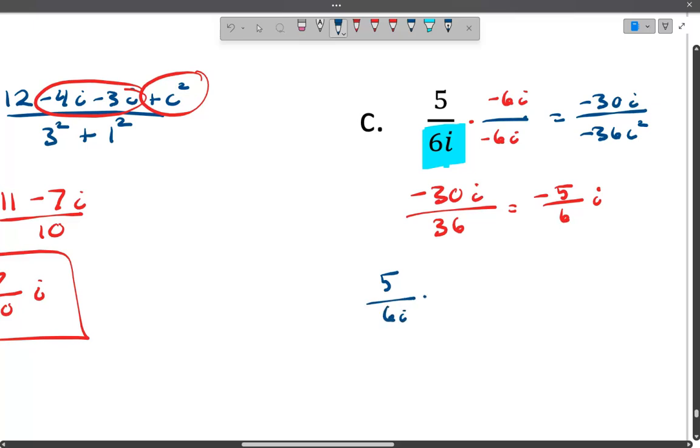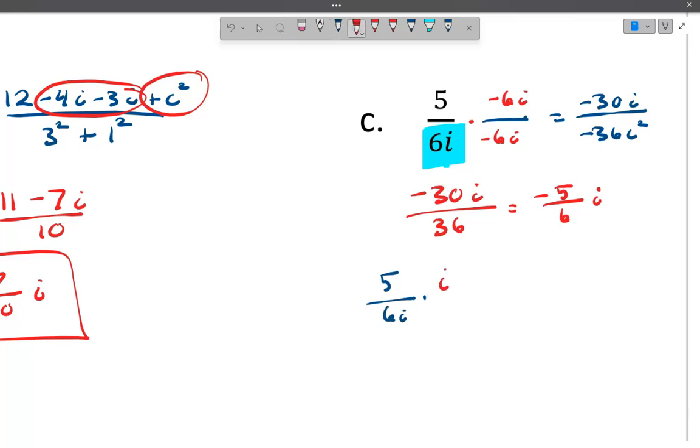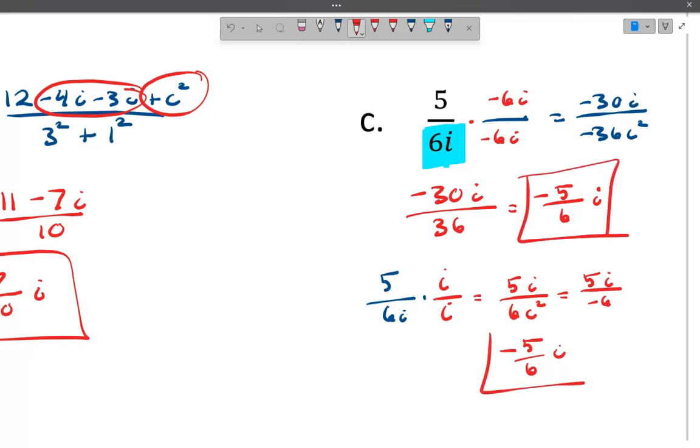Because if I multiply the top and the bottom of my fraction by the imaginary unit, I'm still not changing the value of the expression, but that will still help me end up getting rid of the imaginary unit in the denominator. 6i times i is 6i squared, and that leaves me with 5i over negative 6, which of course we can then simplify to negative 5/6i. So we get the same result, a little bit faster. If our denominator is a monomial, we don't have to use the full conjugate. We can just multiply top and bottom by i.